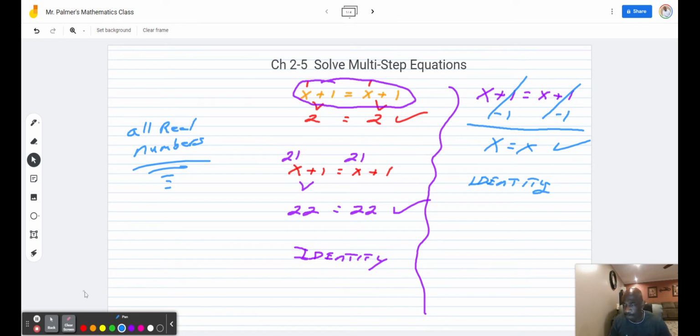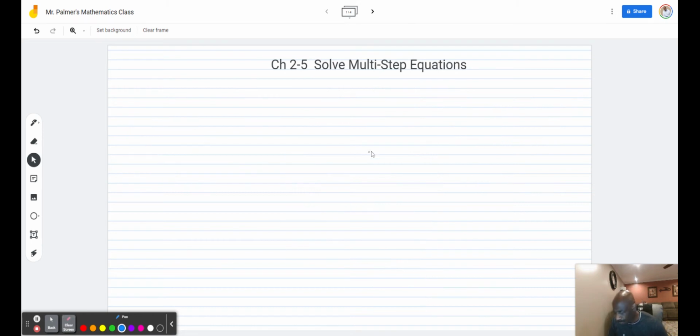Let's look at another one. Let's look at one that looks very challenging. Let's go to this one. This one says, let me write it over here. I need room. 8 times 4 minus 2x equals 4 times 3 minus 5x plus 4x.